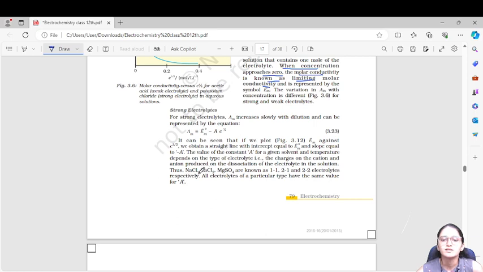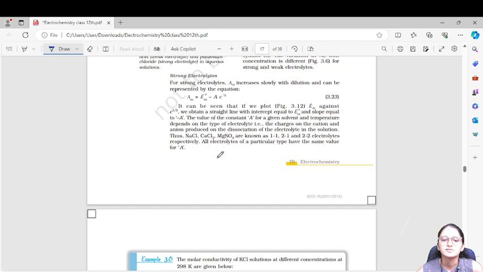Based on this, these are the electrolytes which are known as 1-1, 2-1 and 2-2. Now why are they denoted by this? Because in NaCl we have Na plus 1, Cl minus 1. In CaCl2, Ca has plus 2, Cl has minus 1, but there are 2 of them, so minus 2.